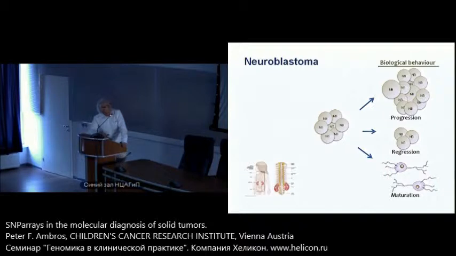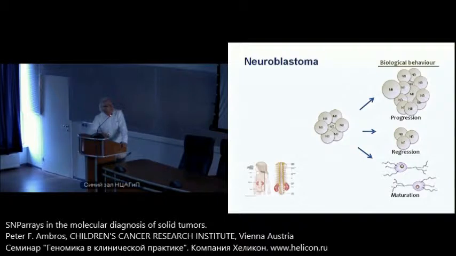Before we knew about the genomic alterations, all these 3 types have been treated in the same way because we could not discriminate a regressing, a maturing, or a progressing or a very aggressive tumor.